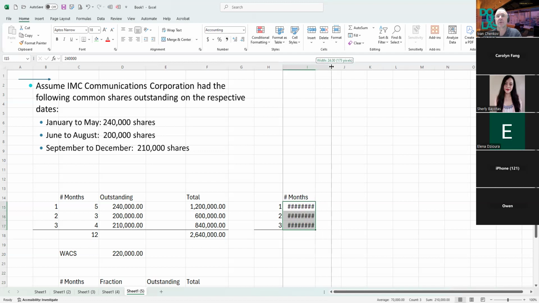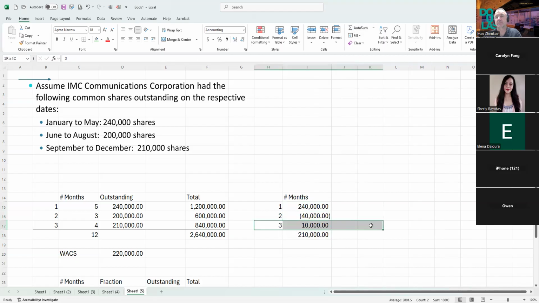Let's see what the final number will be. If we do this calculation, the final number should be 210. Now, we're assuming that the first 220 are outstanding for 12 months, for the entire year. Then the 40,000 are from June to the end of the year.